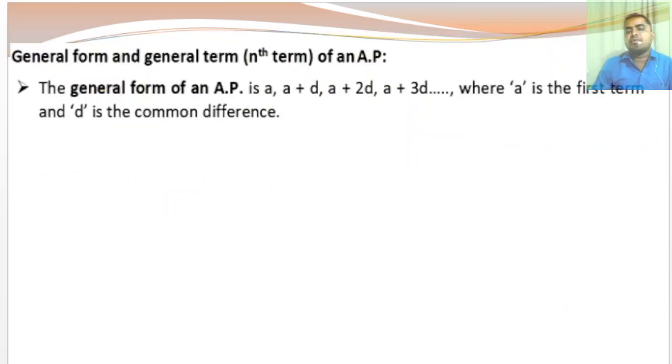Next, the general form of the arithmetic progression. It is very important. The general form of an AP, whose first term is a and the common difference is d: a, a plus d, a plus 2d, a plus 3d, where a is the first term and d is the common difference.